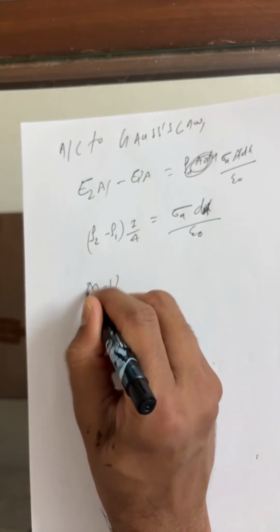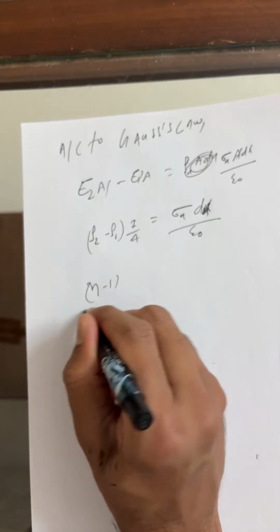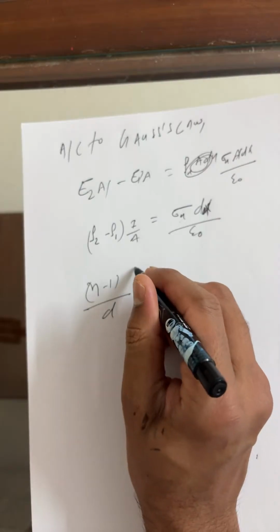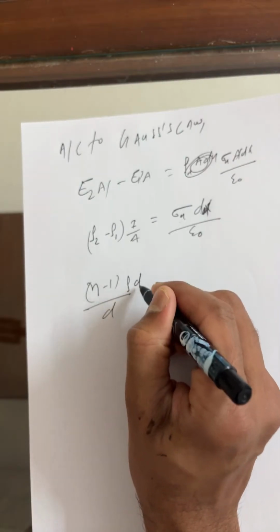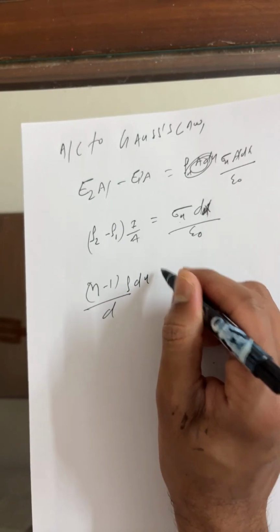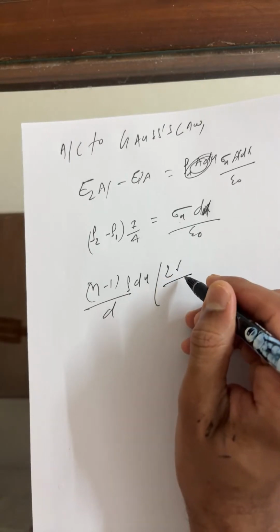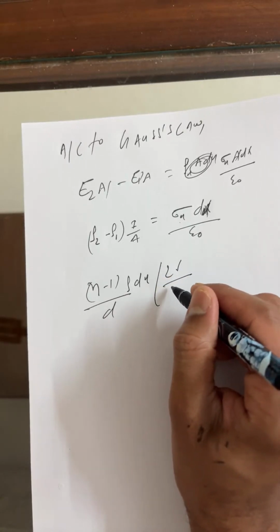So this is (n minus 1) upon d, ρ dx. Just further solve here.